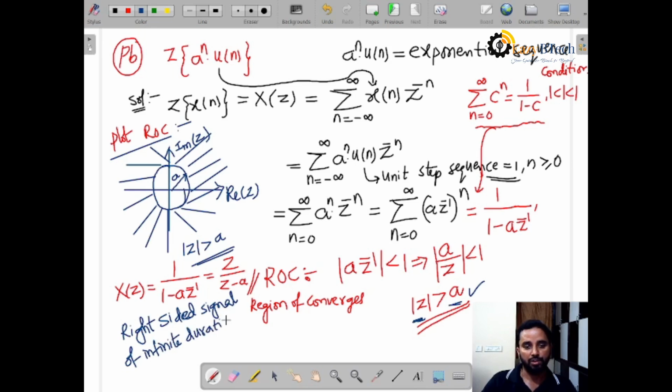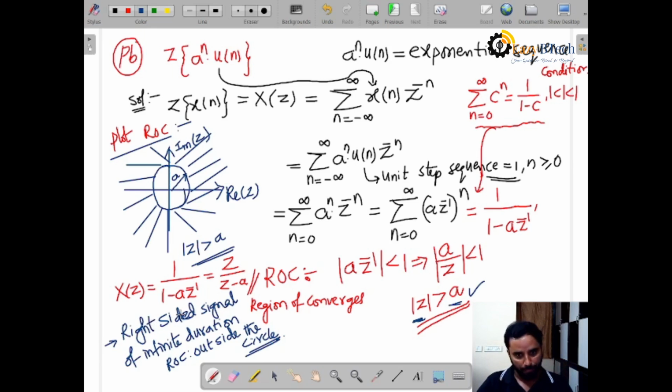For this type of signal, the ROC is outside the circle. So the ROC is outside the circle. That's all. So this is one ROC property.